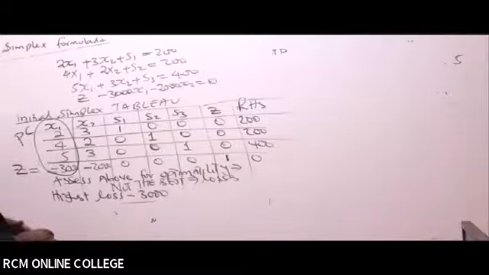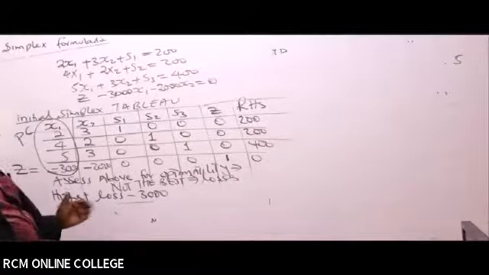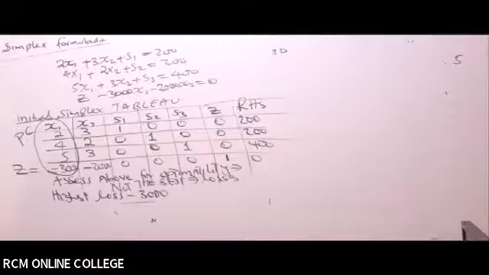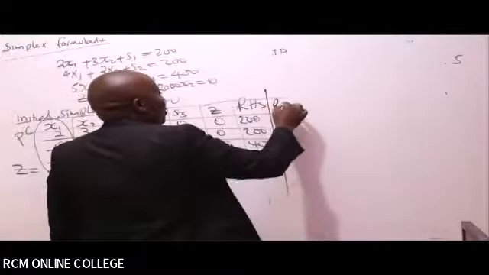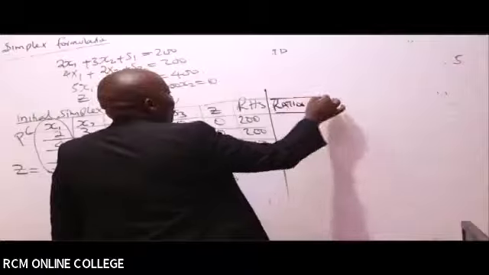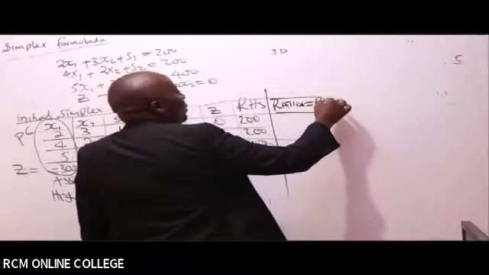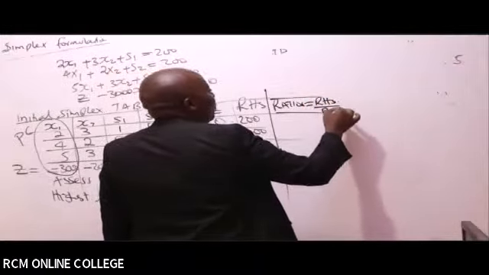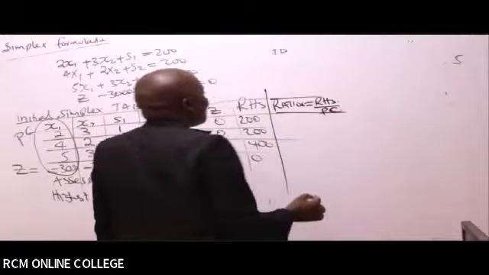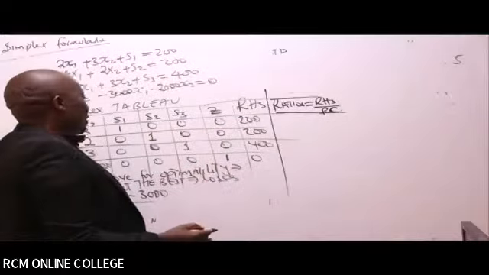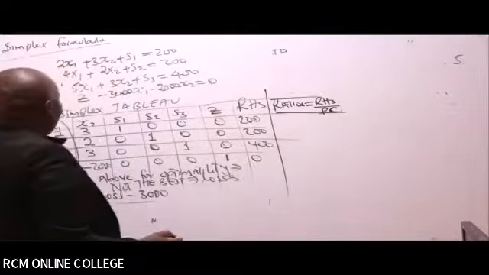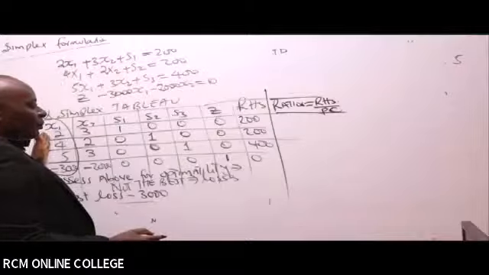Having gotten the pivot column, what do we use the pivot column for? To get ratios, right? So come here and give us the ratios. How do we get the ratios? We take the right-hand side divided by the pivot column.